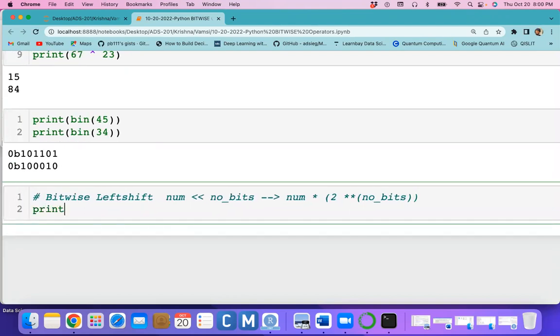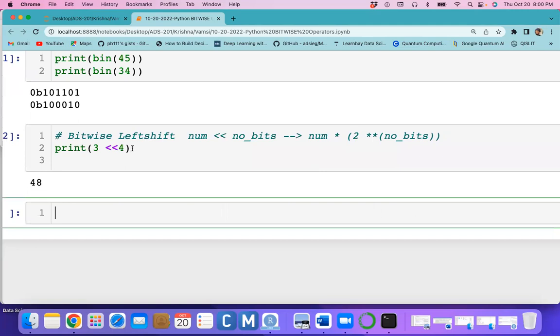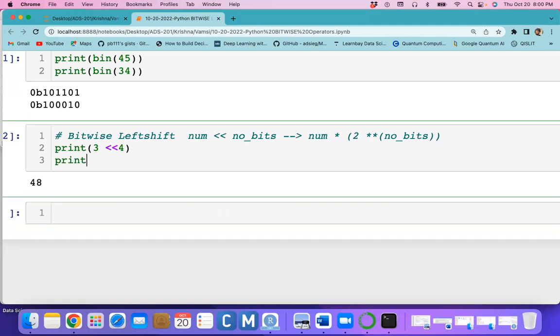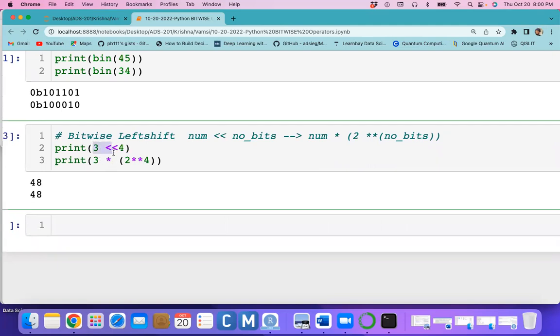For example, you have the number 3 and I want to shift it left 4 times. So what number are we getting? It's 48, right? How are we getting 48? 3 into 2 power of 4, that is 3 multiplied by 2 power of the number of bits.